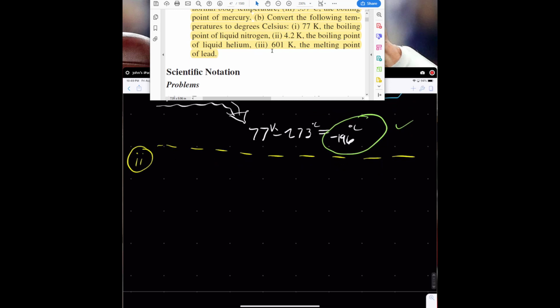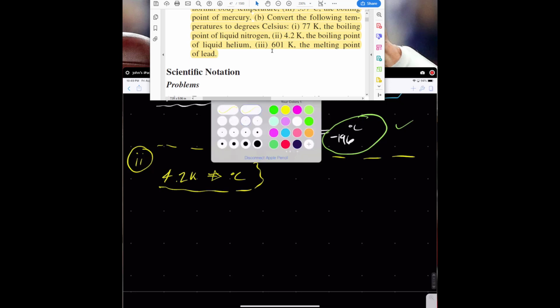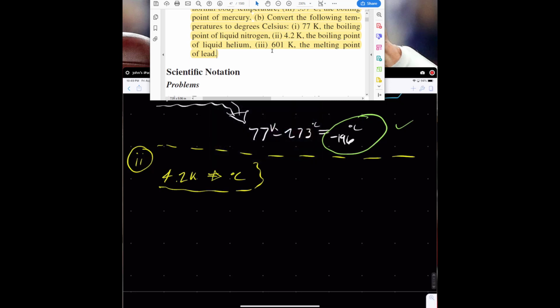The next part is asking us to convert 4.2 Kelvin to degrees Celsius. So we do that by taking 4.2 Kelvin minus 273 equals our degrees Celsius. 42 minus 273 is equal to negative 231.